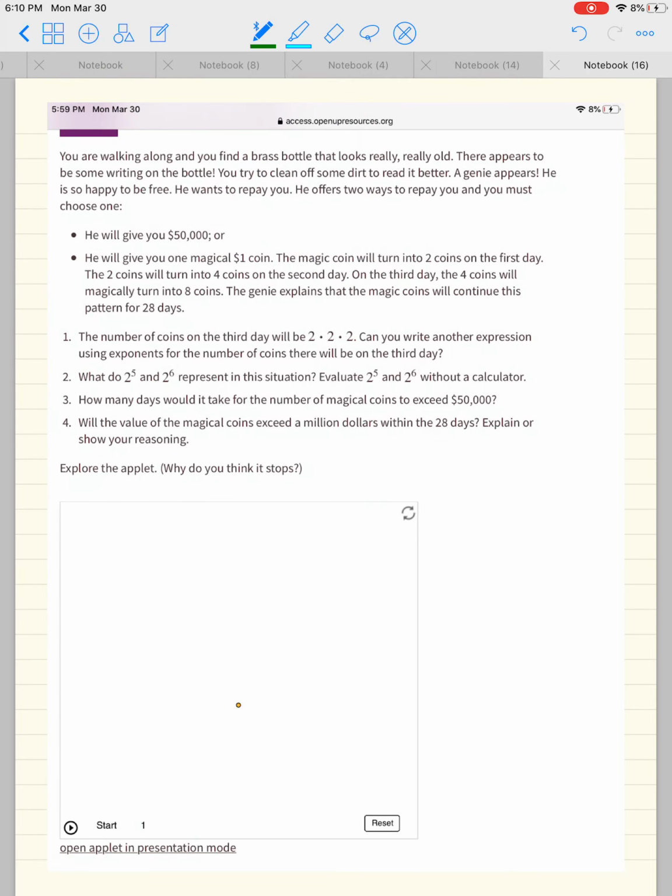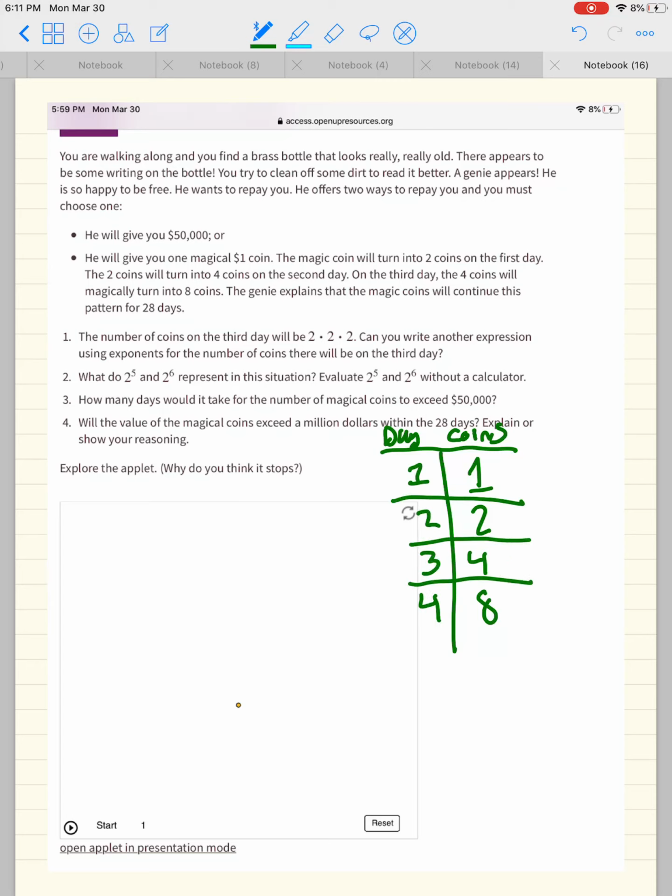So we have 1 coin day 1, we have 2 the next day, then 4, then 8, and it's going to keep going. So this is day, and this is coins. So we already know day 1 you have 1, day 2 you have 2, day 3 you have 4, day 4 you have 8. So you're trying to figure out how many coins you will have. So it's going to keep going all the way down to 28.